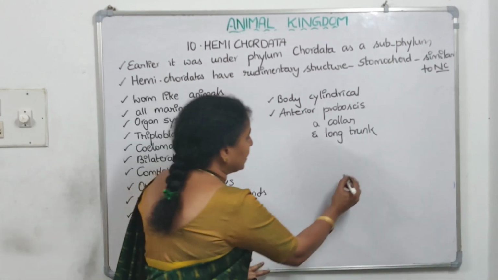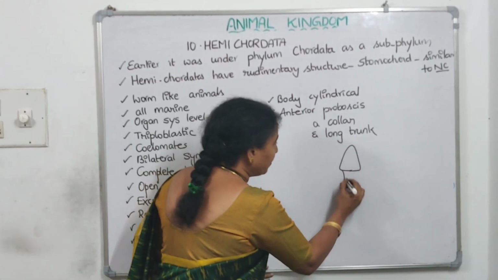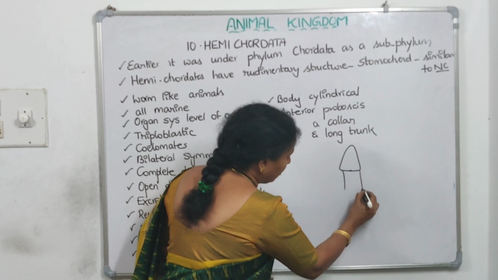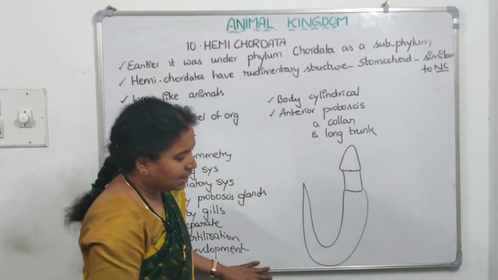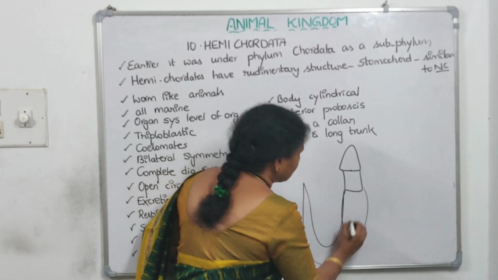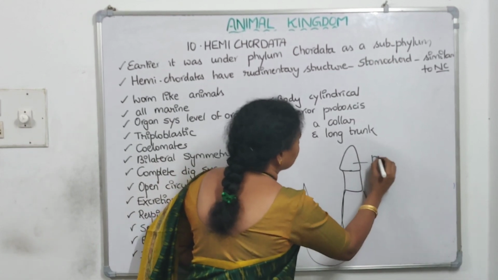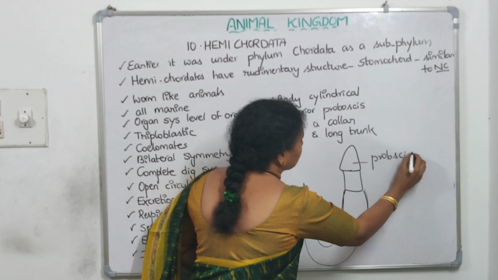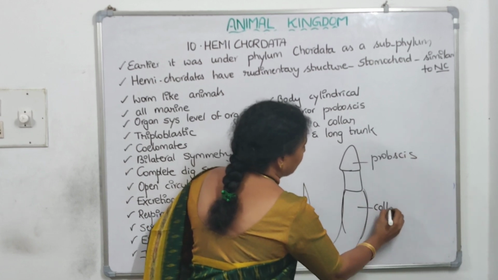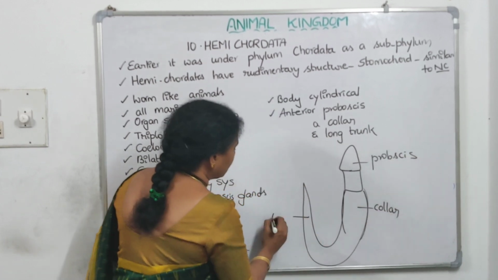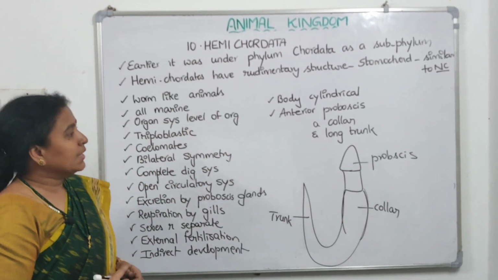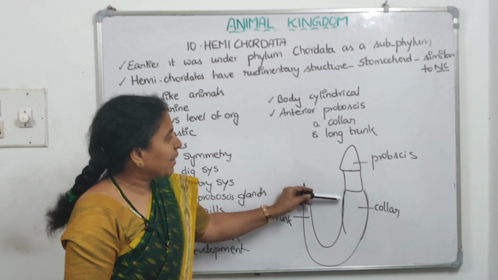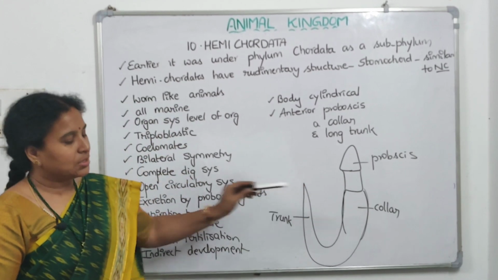So this is the proboscis gland and below this it has a collar and then it has a long trunk region, right? So this is collar, this is proboscis, this is collar and it is a posterior trunk. So these are the parts. Body is cylindrical, it contains anterior proboscis, the middle part is collar and it contains a long trunk.